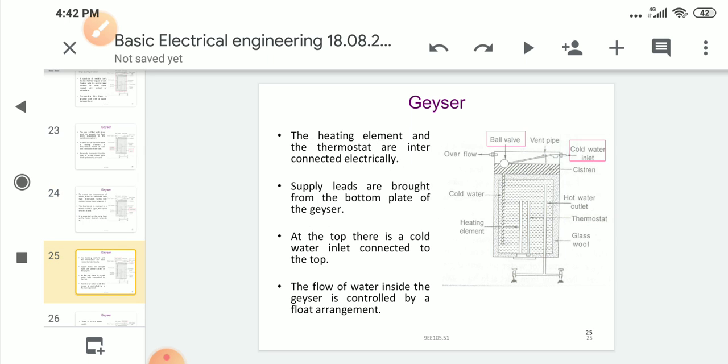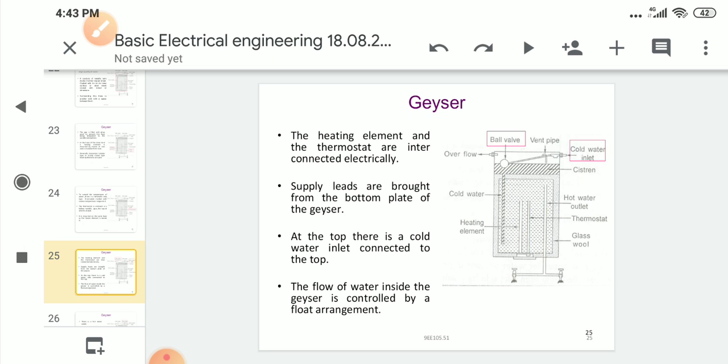The heating element and the thermostat are interconnected electrically. Supply leads are brought from the bottom plate of the geyser.